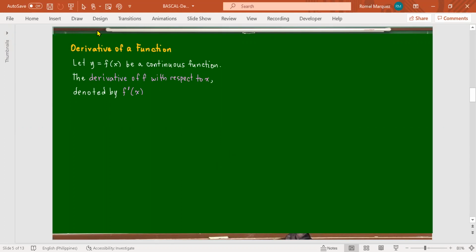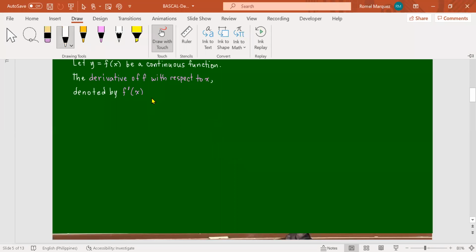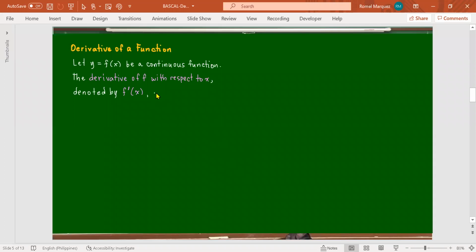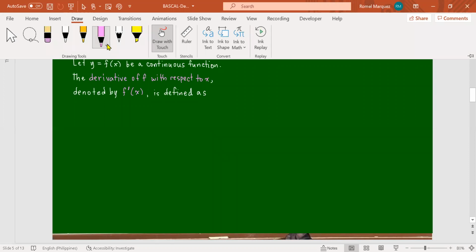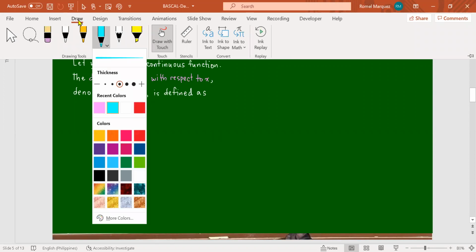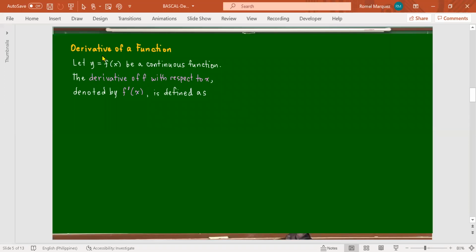And is defined by, so this is the definition. Kokopy lang natin actually yung kanina, pero dahil neutral tayo, balik tayo sa y equals f of x, I mean, x and y variables.